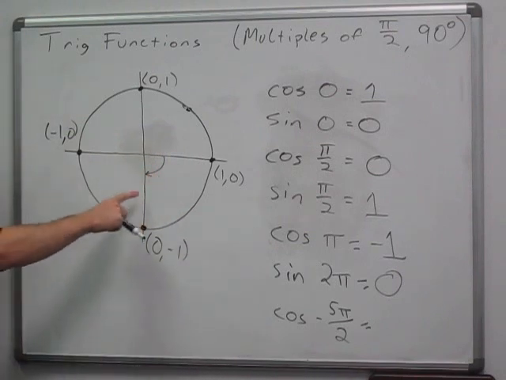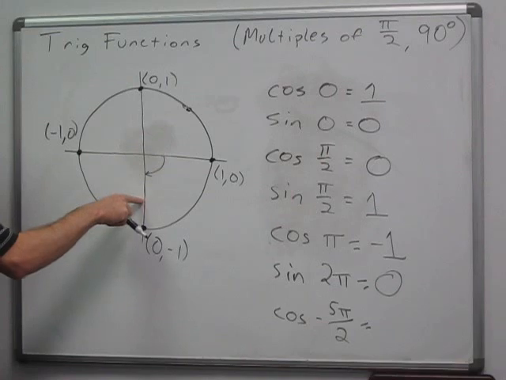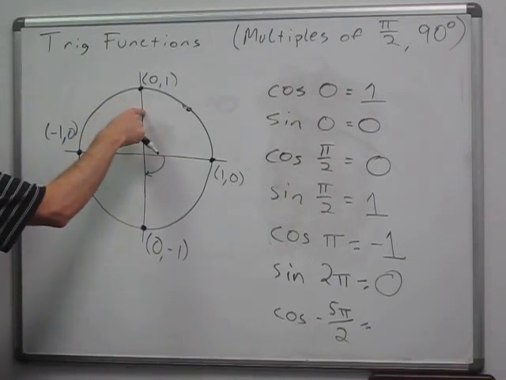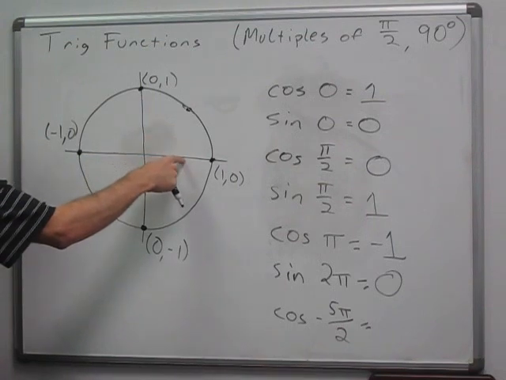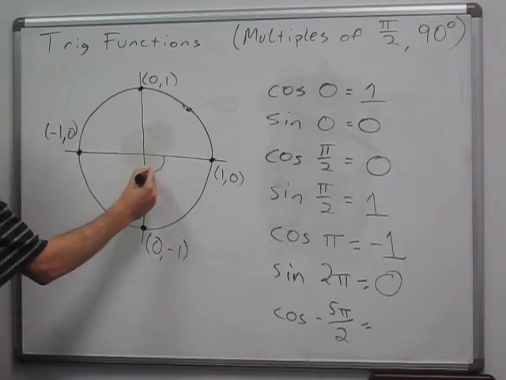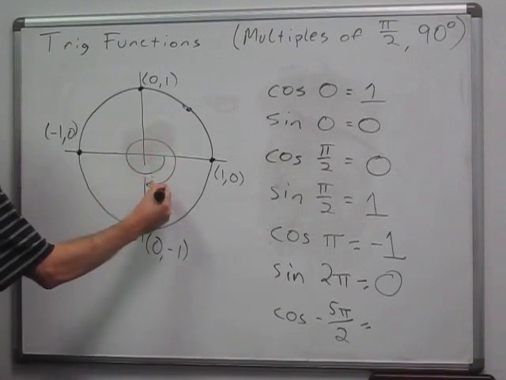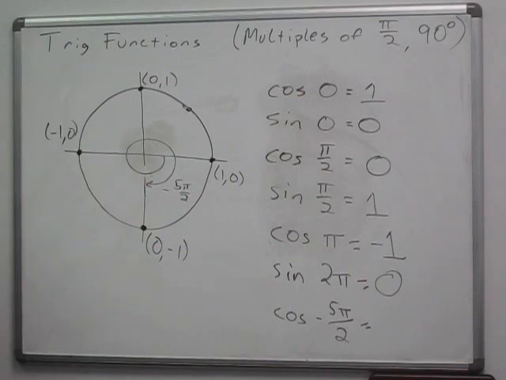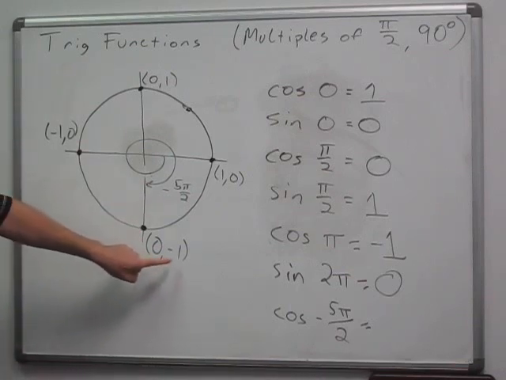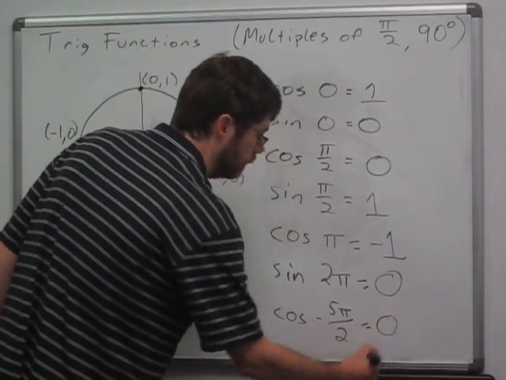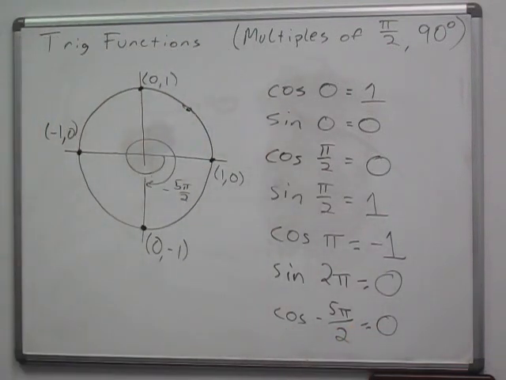So let's see here, negative pi over 2, negative 2 pi over 2, negative 3 pi over 2, negative 4 pi over 2, negative 5 pi over 2. So there's our rotation. The point corresponding to that rotation on the unit circle is 0, negative 1. So cosine of negative 5 pi over 2 is equal to 0.